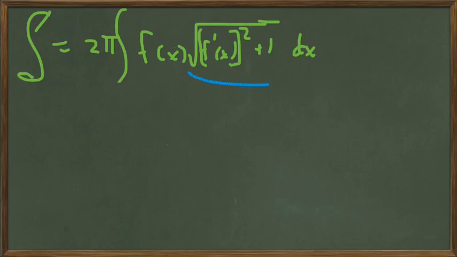This part right here is exactly what we use in the arc length formula, and then we just add in the function itself and a 2 pi out front. So you can think of this part right here as sort of like a circumference times a length, even though it's a little bit more complicated than that, how it pieces together with the frustum of a cone area. But that's probably a good way to remember it, is circumference times length.